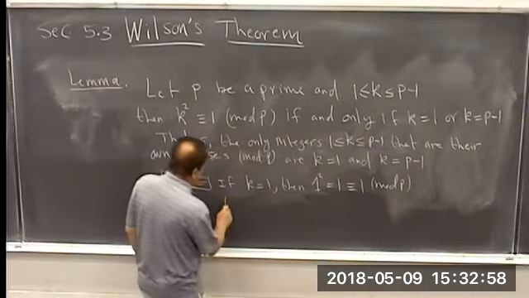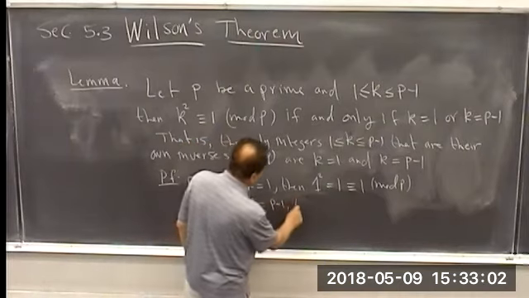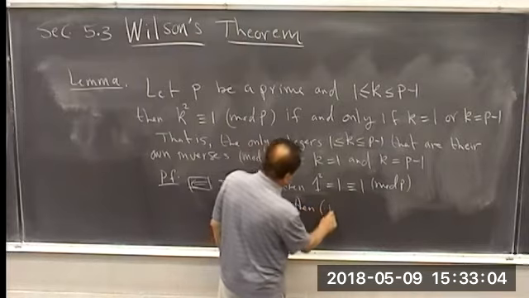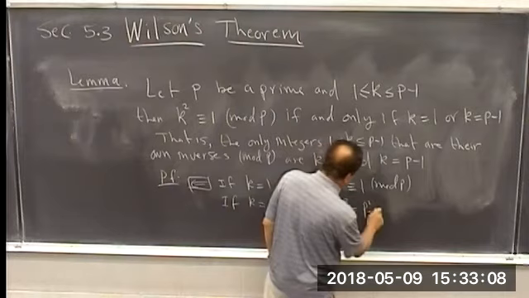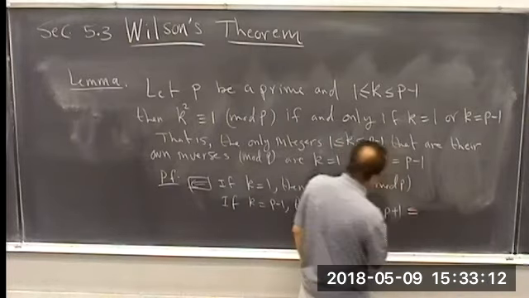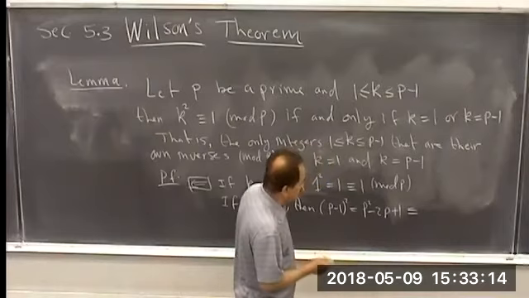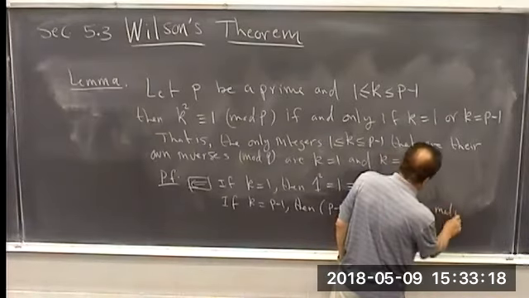And if k equals p minus 1, then p minus 1 squared is equal to p squared minus 2p plus 1. The multiples of p are congruent to 0 mod p, so we end up with 1 mod p.